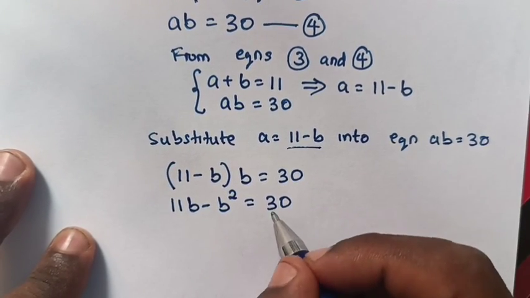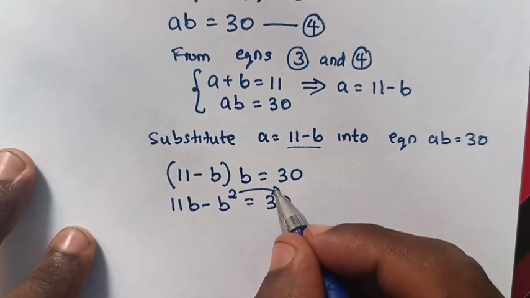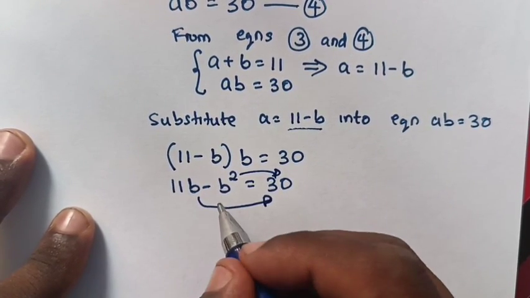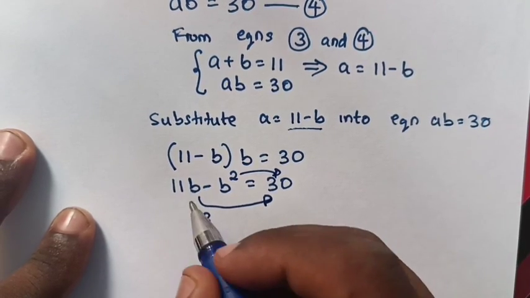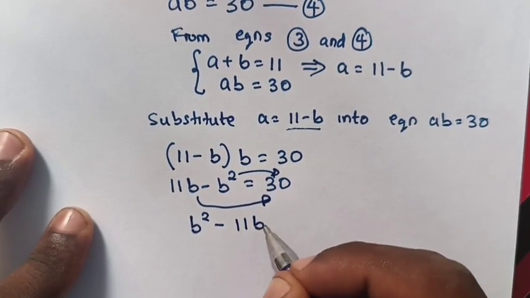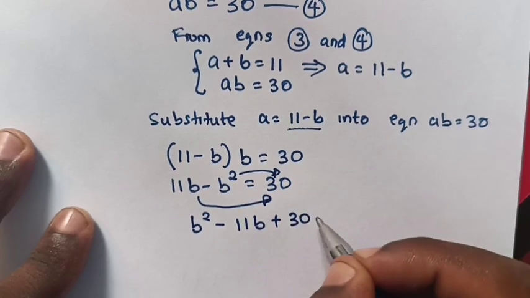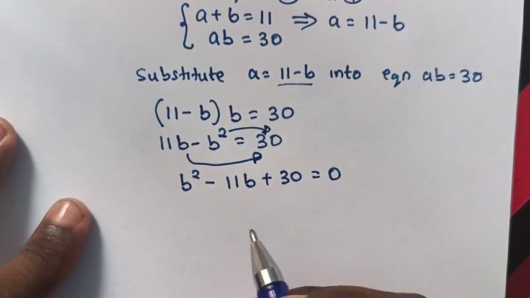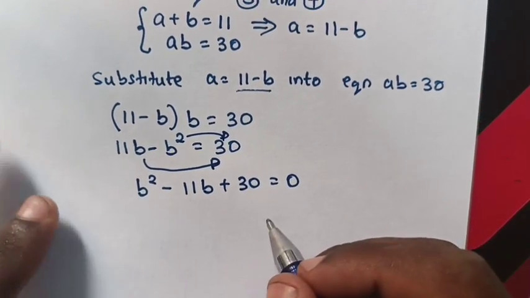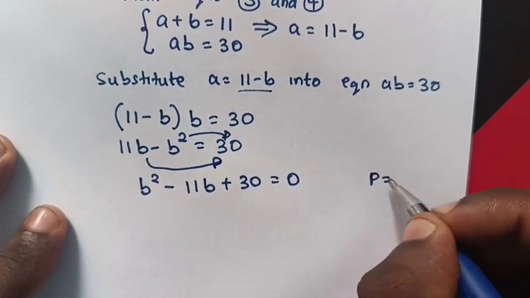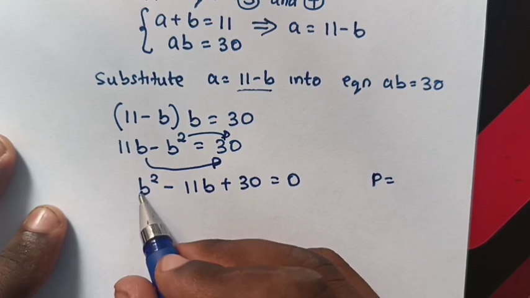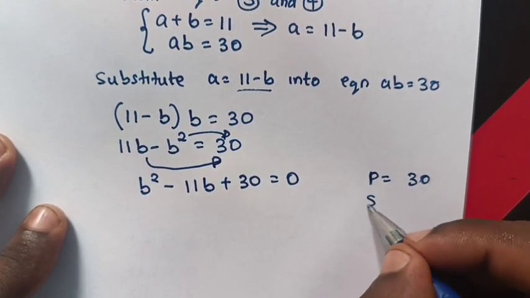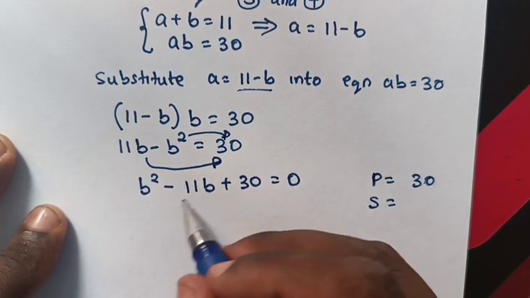Then minus b squared we take to the right side, and 11b we take to the right side. So our equation will be positive b squared minus 11b plus 30 is equal to 0. Now, this is a quadratic equation, we solve by factorization, whereas the product is the coefficient of b squared, 1, times 30, which is 30, and the sum is the coefficient of b, which is negative 11.